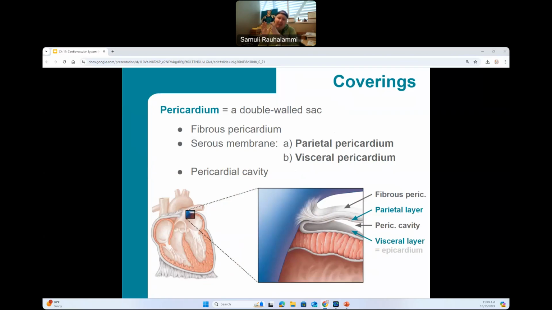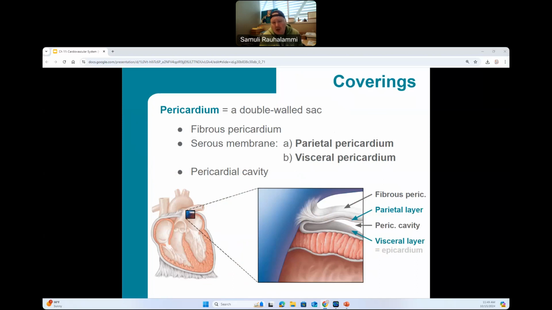When you have a little bit of liquid in between the layers of the Ziploc bag, they slide past each other really nicely and easily. And that's important for our heart to be able to do its job, to contract and expand and shrink as it pumps the blood. So that fluid within the pericardial cavity is important.